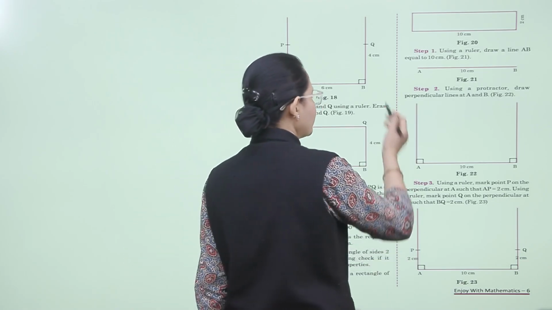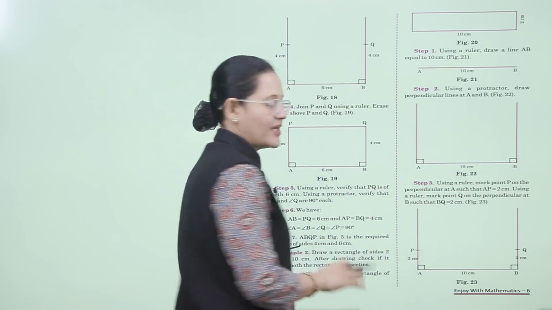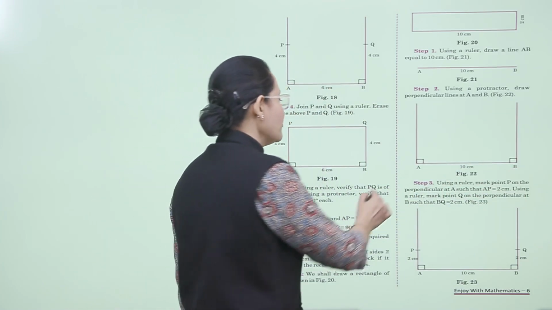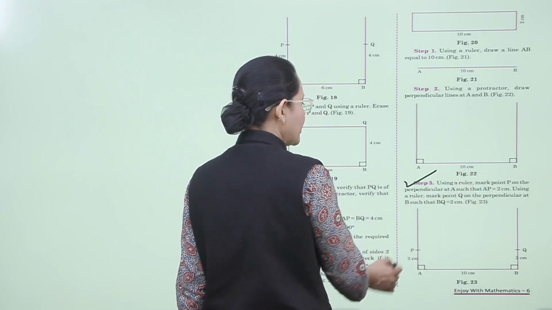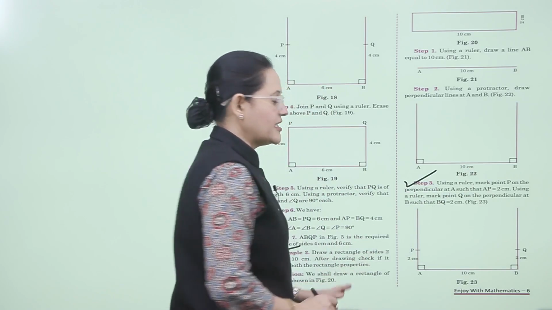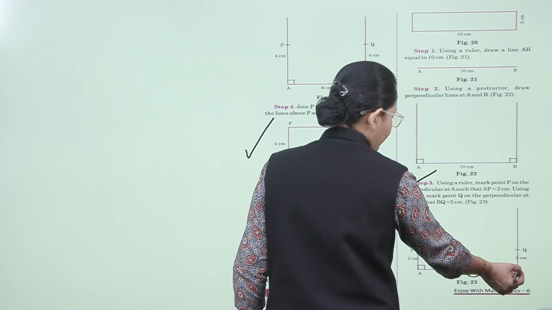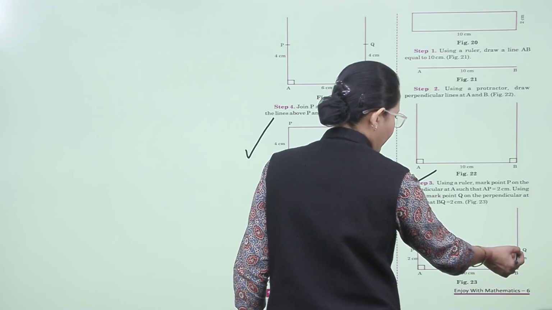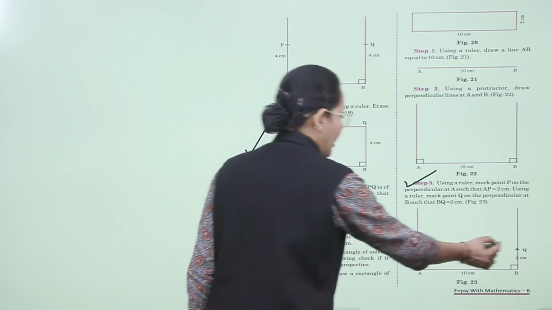Now, using the protractor, we'll draw two perpendicular lines at A and B respectively. Clear? Now, using the ruler, mark the point P on the perpendicular such that AP is 2 centimeters. Now, from B, we'll mark a point at 2 centimeters and join them.